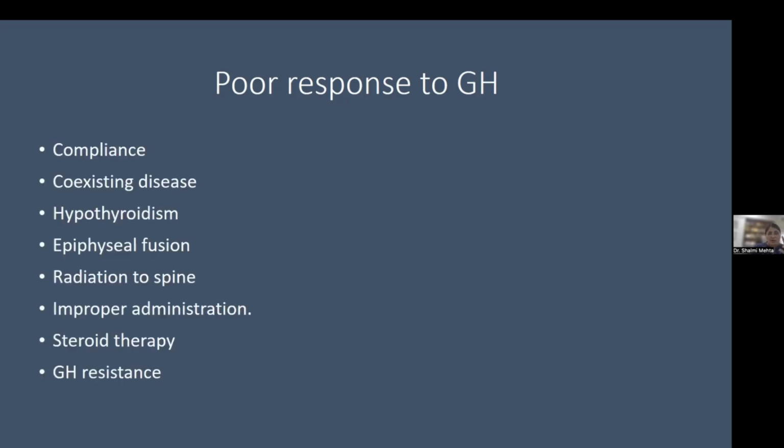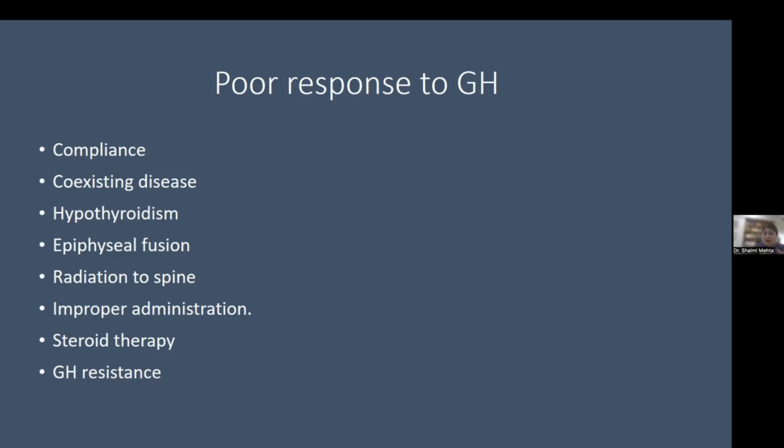So some kids may respond poorly to growth hormone, and that could be because of a variety of reasons. Since it's a costly therapy, we have seen kids taking growth hormone thrice in a week instead of all 7 days. And that could be one of the reasons why they do not respond. So always check for compliance. Any coexisting disease, say you're managing your CKD correctly, if that is not happening properly, the growth hormone will not respond as well.